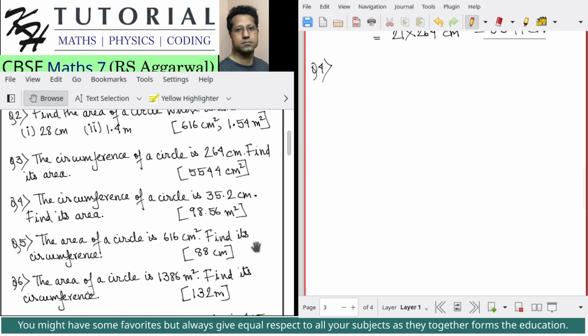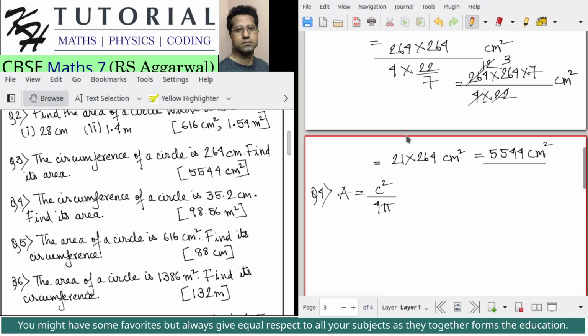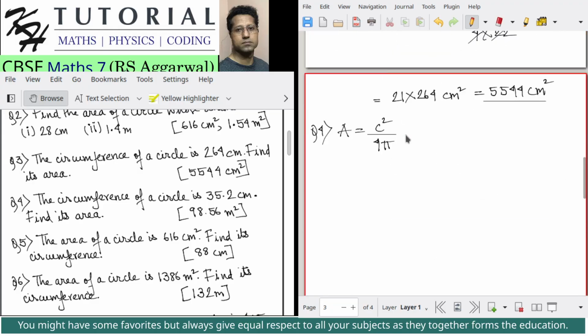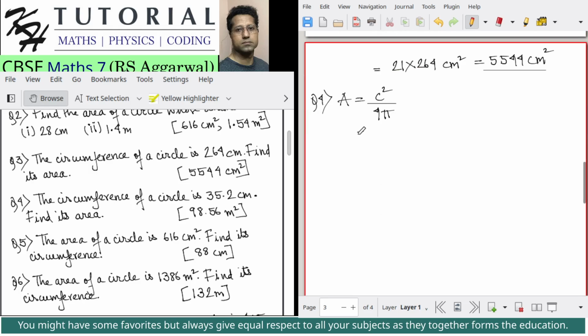Question number 4 says that the circumference of a circle is 35.2 centimeter. Find its area. Okay, so we know that area is equal to C square by 4 pi. We just derived this formula that area is C square by 4 pi. So circumference is given to be 35.2 centimeter.